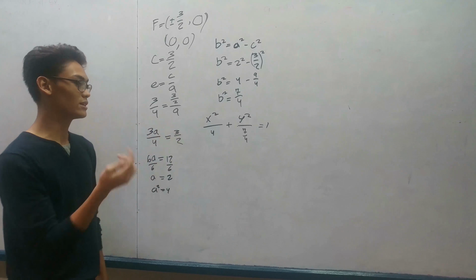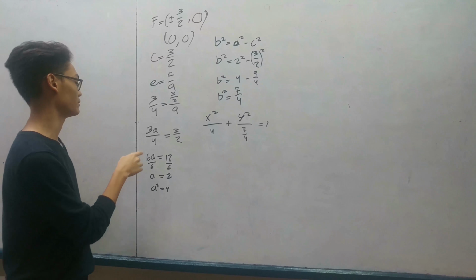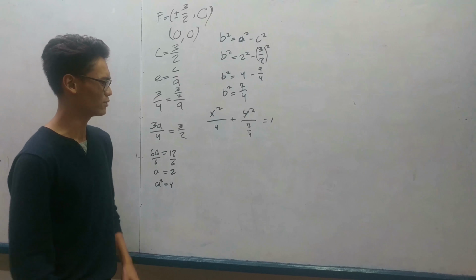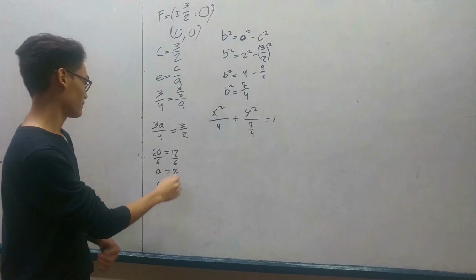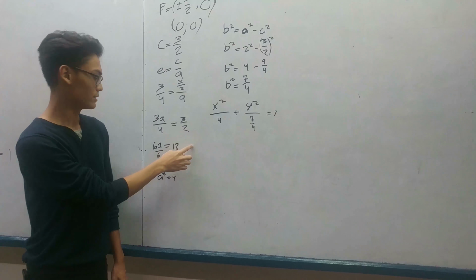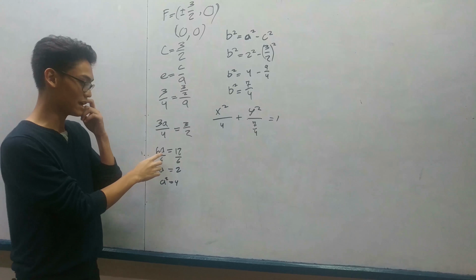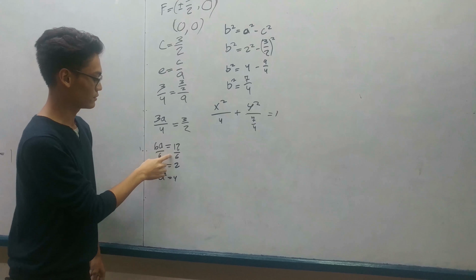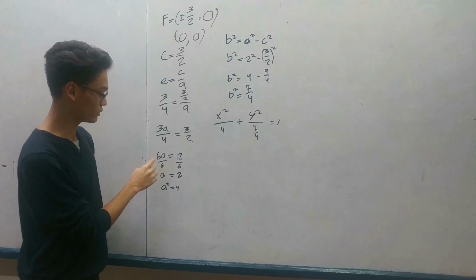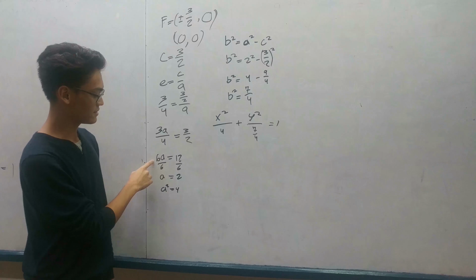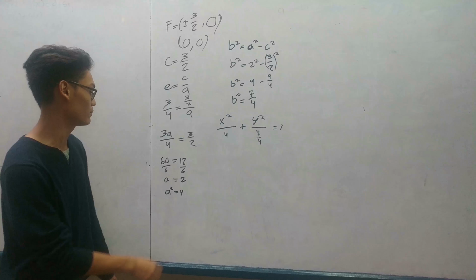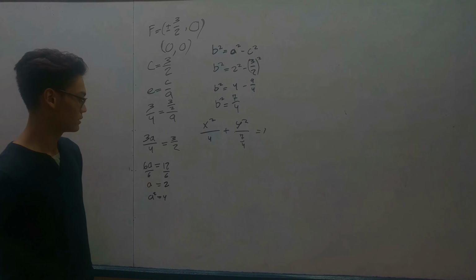And then we transfer a to the other side, which would make it 3a over 4 is equal to 3 over 2. And then we cross multiply 4 to 3 and 3 to 2. We will then get 6a is equal to 12. To get the a, we should divide by 6 here and on the other side. So then we will get a is equal to 2.